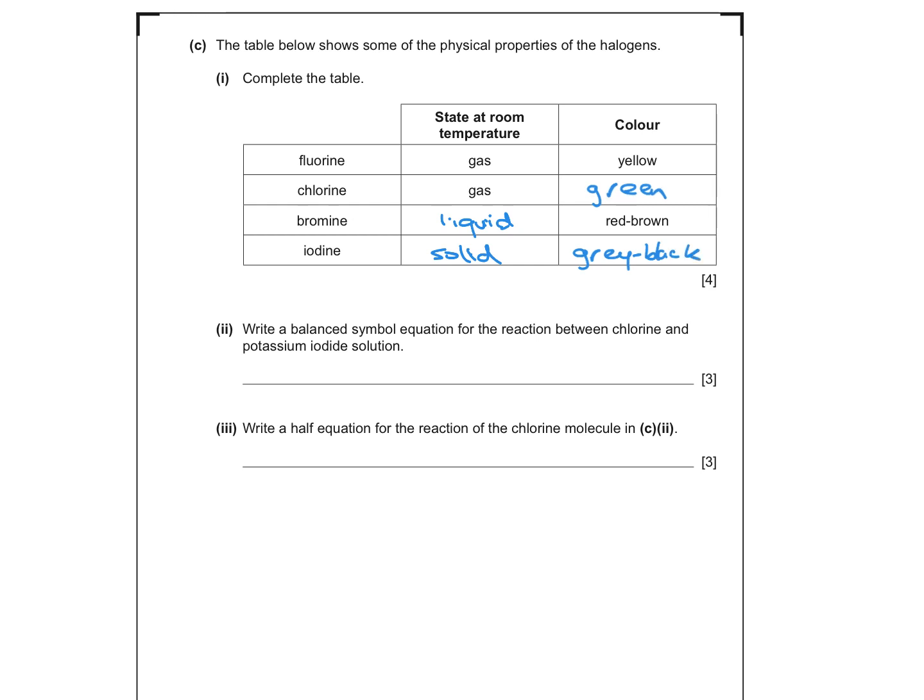The balanced equation then of the reaction between chlorine and potassium iodide, well, chlorine, all of the halogens, when they're on their own, are diatomic. So 2 atoms covalently bonded together. So it's going to be Cl2. Potassium iodide solution is going to be KI.